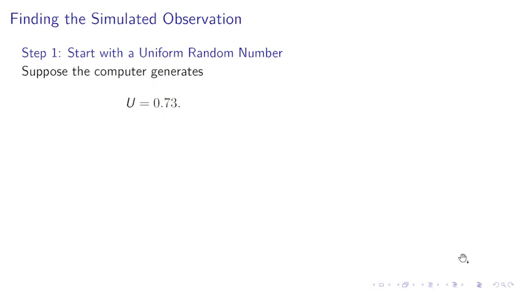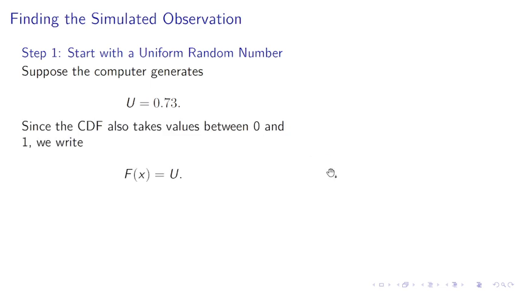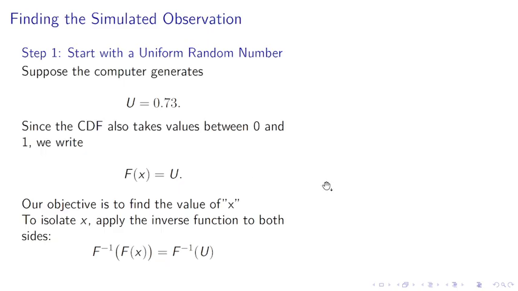Let us start with a uniform random number. Suppose the computer generates a random number u = 0.73. This is the number randomly selected. Since the CDF also takes values between 0 and 1, we write F(x) = u. Our objective is to find the value of x.